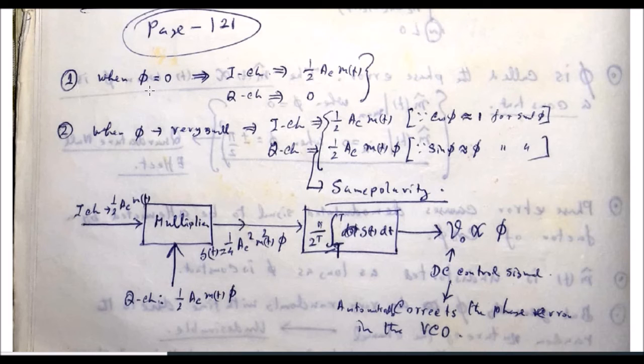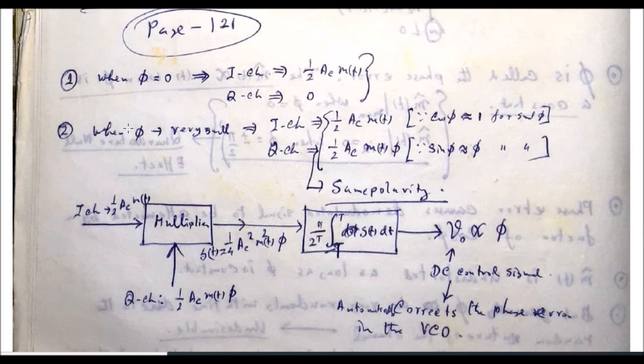It is very near to 0 in radians. Generally, in degrees, it should remain within the limit of 0 to 5 degrees. A very small phi will be there, the phase difference between the transmitted carrier and the receiver's locally generated carrier. That phi is time varying, but its variation should be between 0 to 5 degrees.